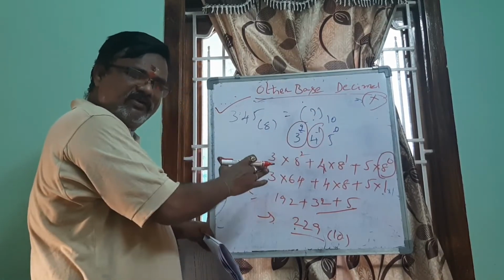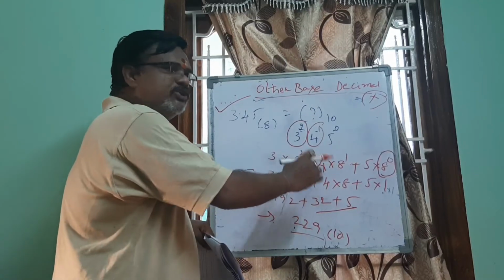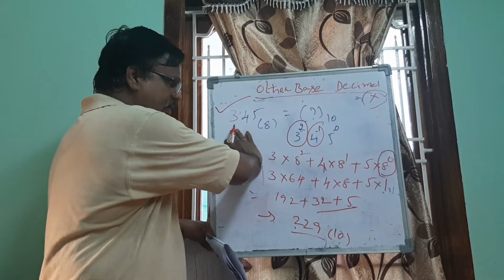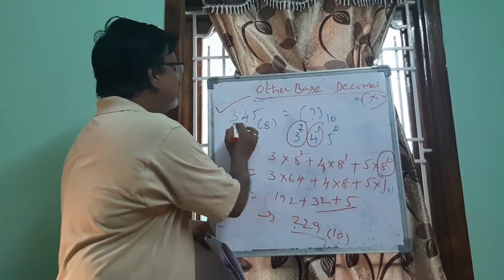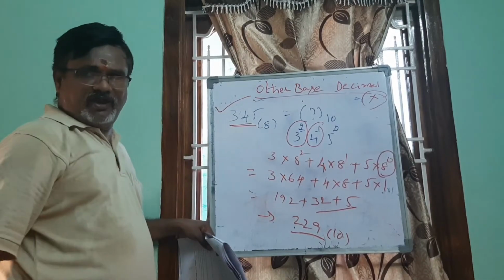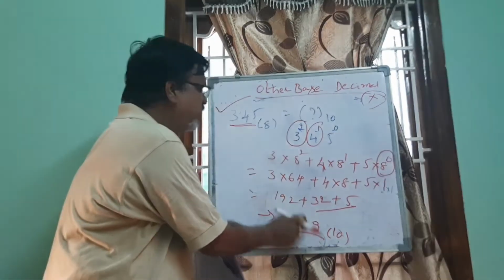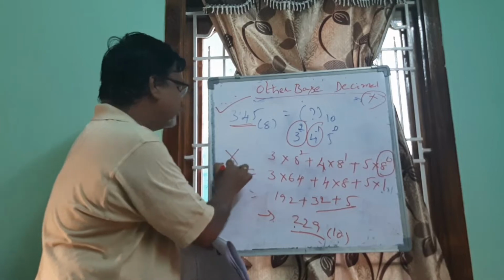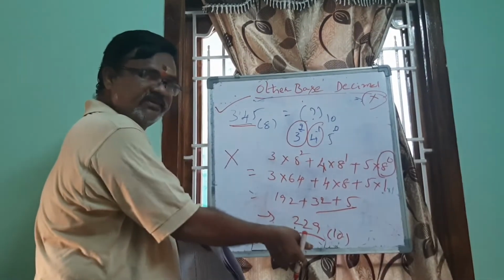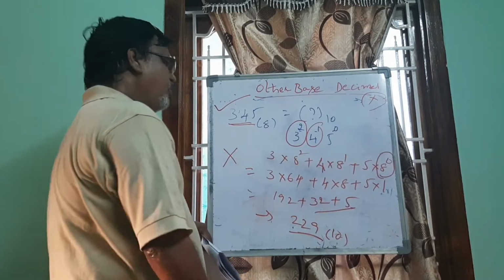And if it is hexa conversion, the remainders must be between 0 to 15. In the same way, if you are converting an octal number to decimal, the decimal value should be more than the octal value. If you are getting a smaller number here than 345, your calculation is wrong. In the same way, for hexadecimal value also, we will see an example and calculate.